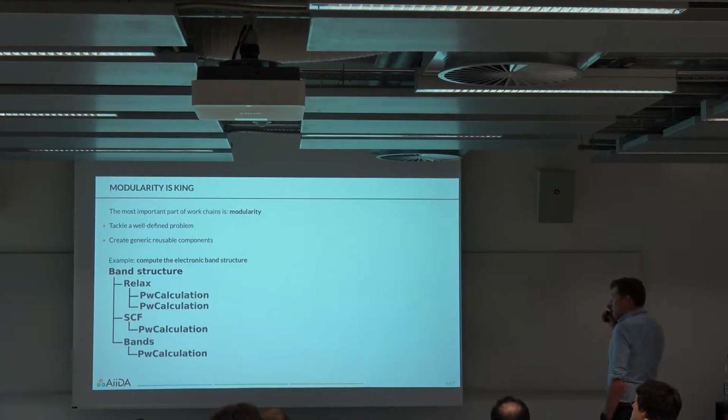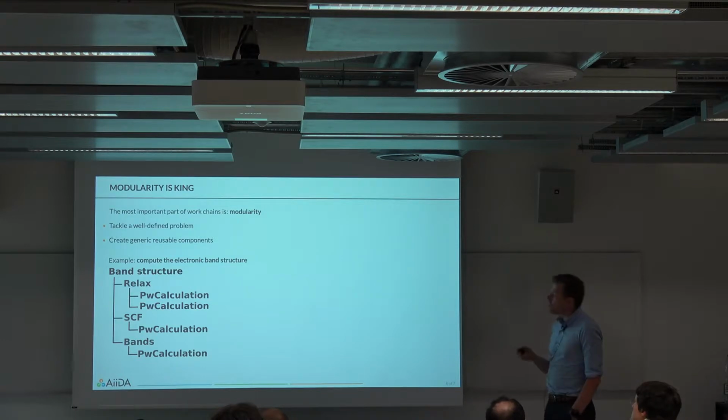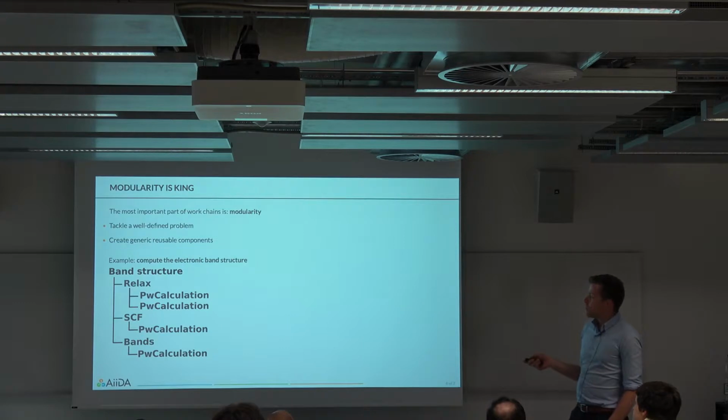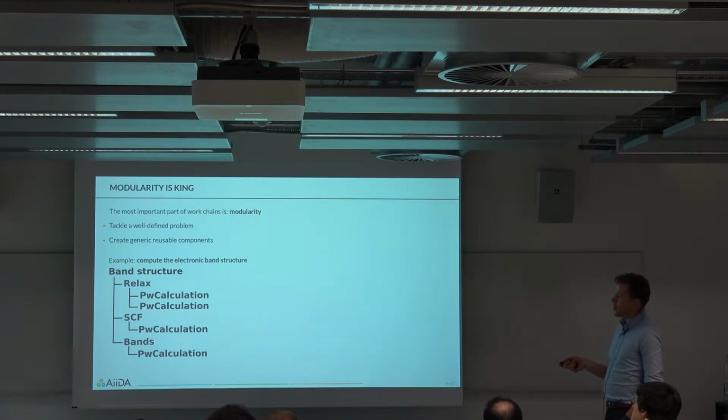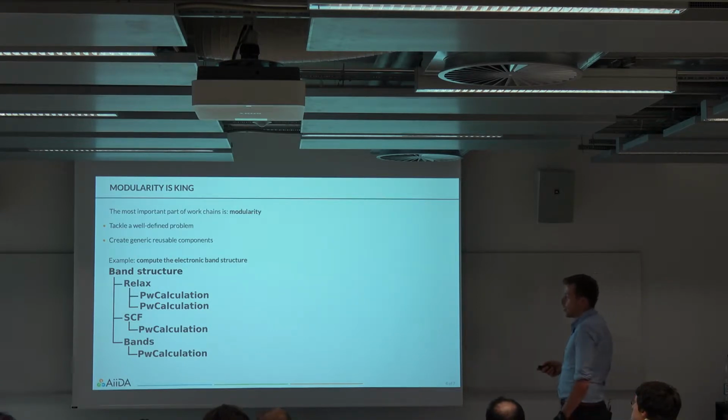So exactly, this is the example that I wanted to give you to illustrate this. A typical band structure calculation would relax your structure, which will often do multiple calculations, might do some meta convergence on the volume to make sure it's not in some metastable state. Once it has relaxed the structure, it will generate the charge density through an SCF calculation, and then finally integrate along the high-symmetry points in the Brillouin zone. In the case of PW, all of these will need to run PW calculations, all of which will most likely suffer from similar problems.